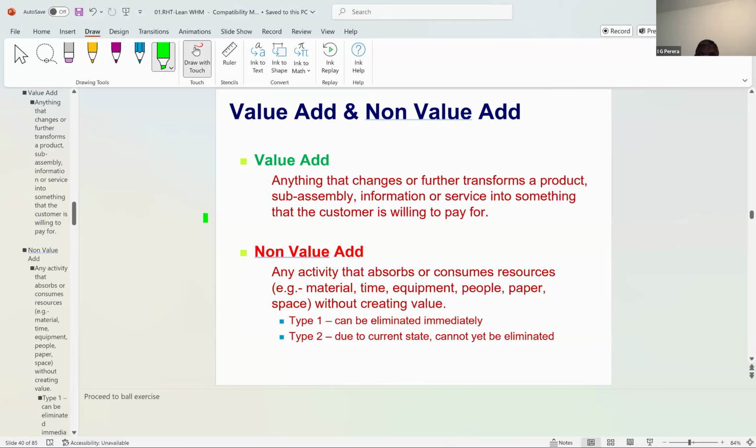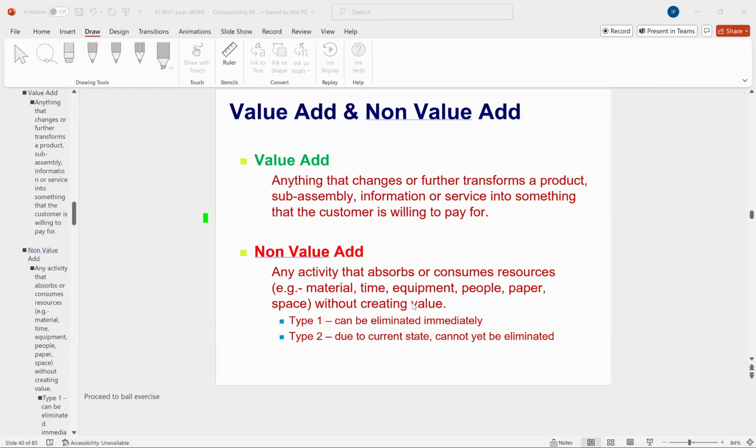Let me fix it first. Give me a second, please.